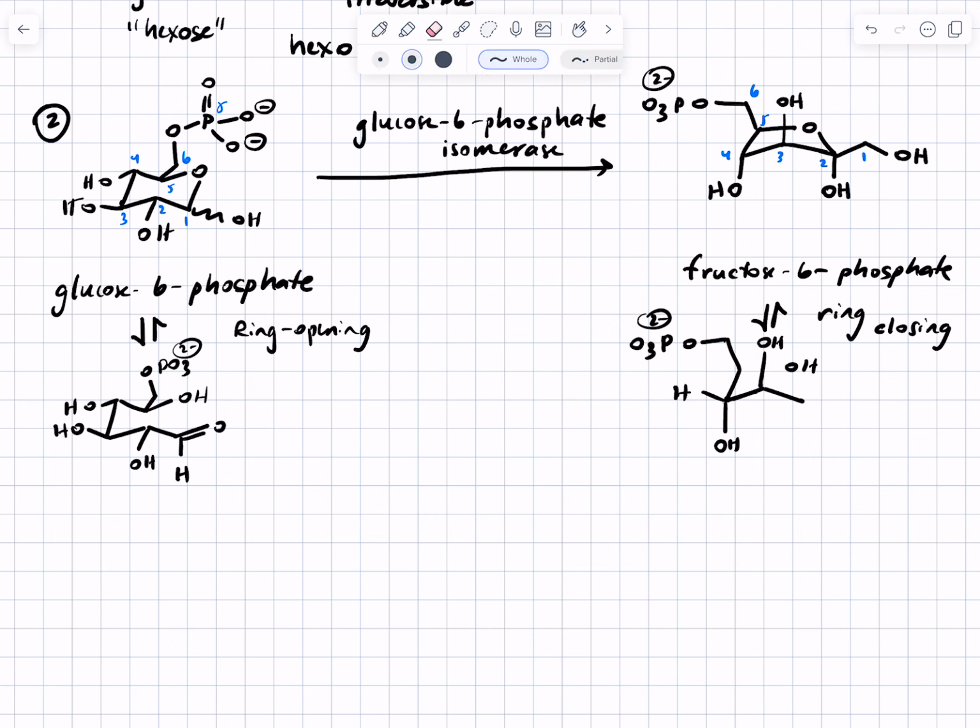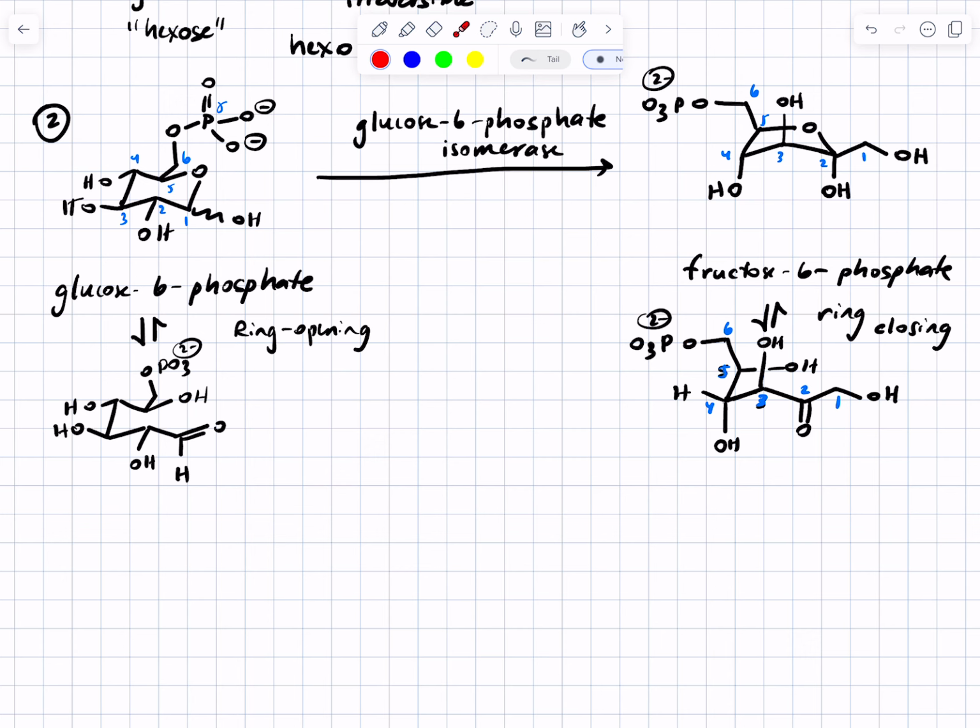You've got to imagine this bond between carbon 5 and the C5 hydroxyl group is behind that bond between carbon 3 and the OH group in the front. Carbon 2 should be a ketone, and then you've got carbon 1 here. Okay, so it turns out you can get from here to here through a couple of tautomerization steps.